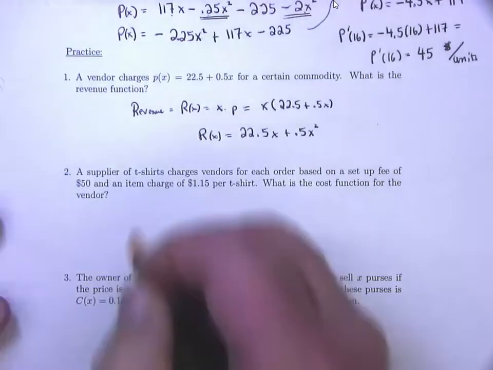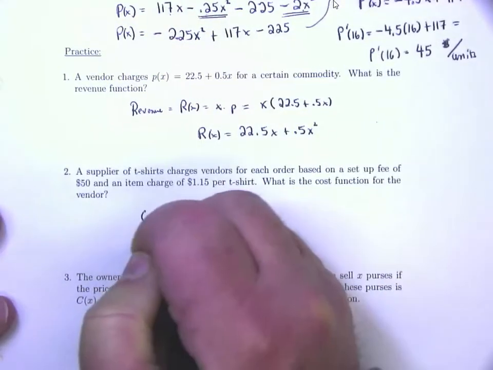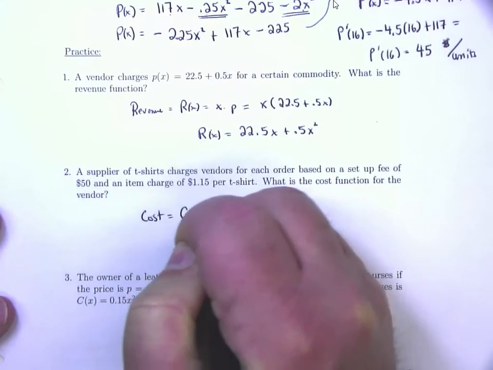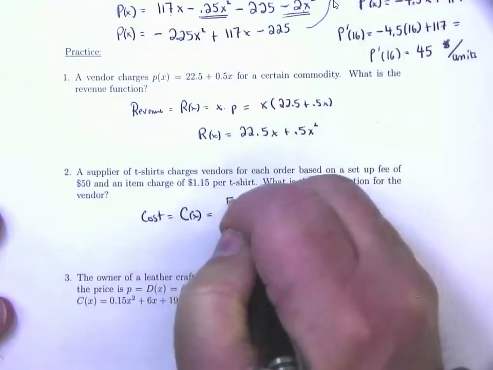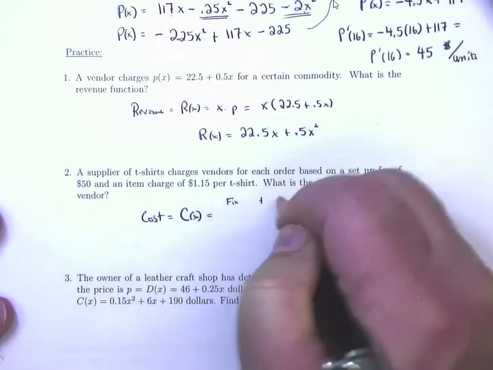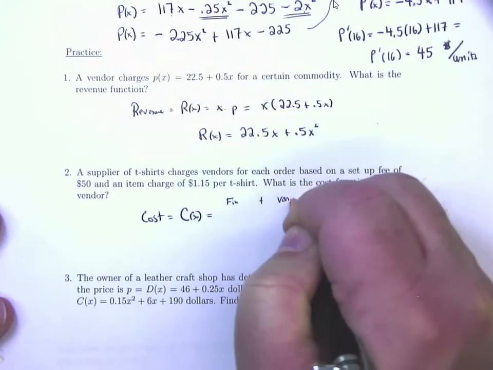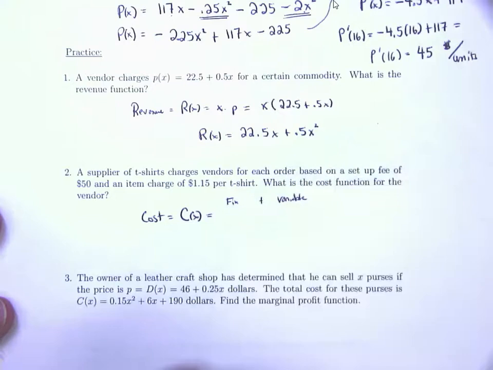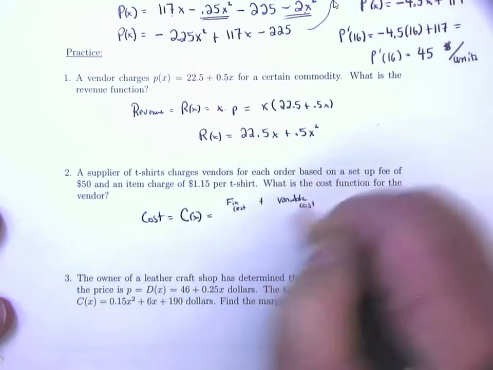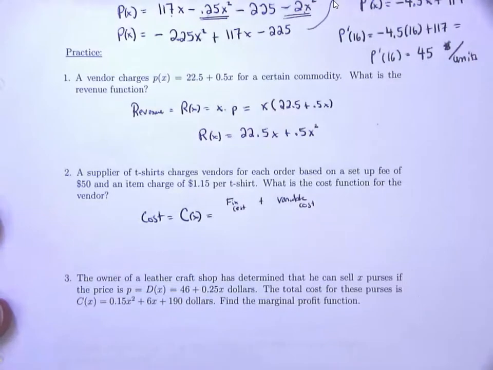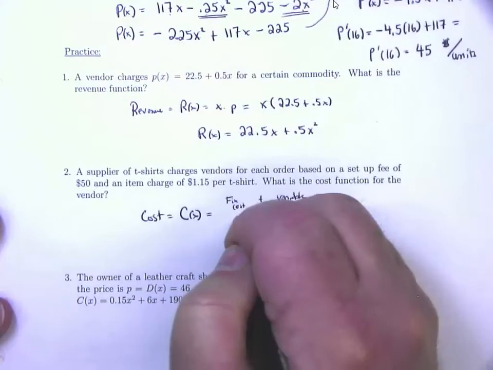So what is going to be my cost function? Cost, big C of X, would be equal to what? Well, this is the idea of fixed cost plus variable cost. What is your fixed cost? What are they charging you? $50.